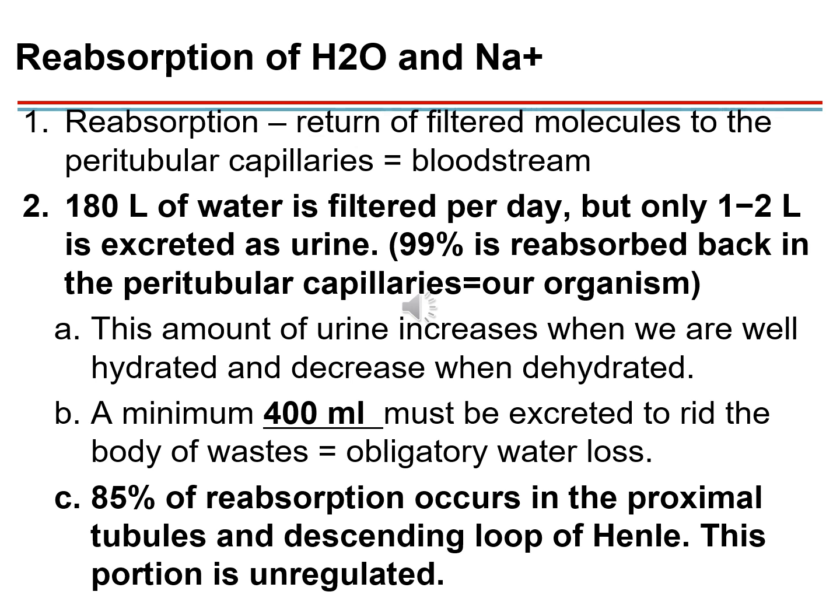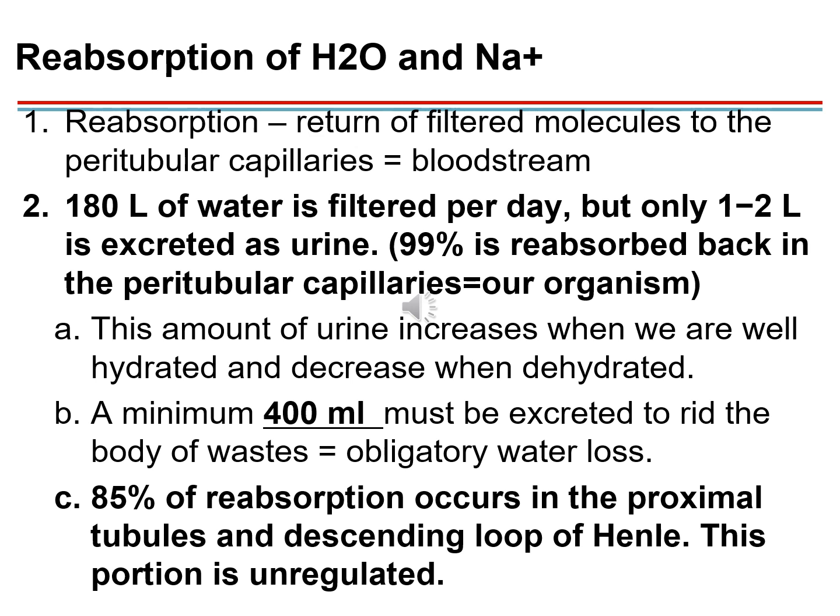Now, we mentioned before that we filtrate an average of 180 liters of blood per day. Considering that the largest amount of blood is made of plasma, and 92% of plasma is water, we can assume that 180 liters of water are filtrated per day.